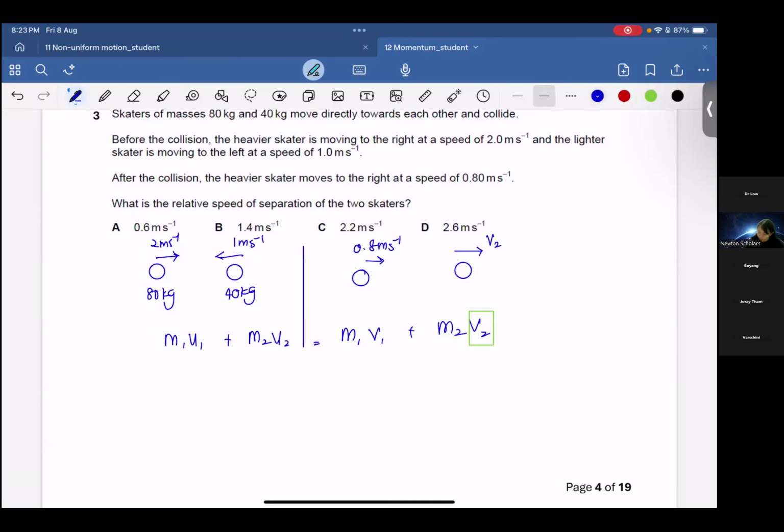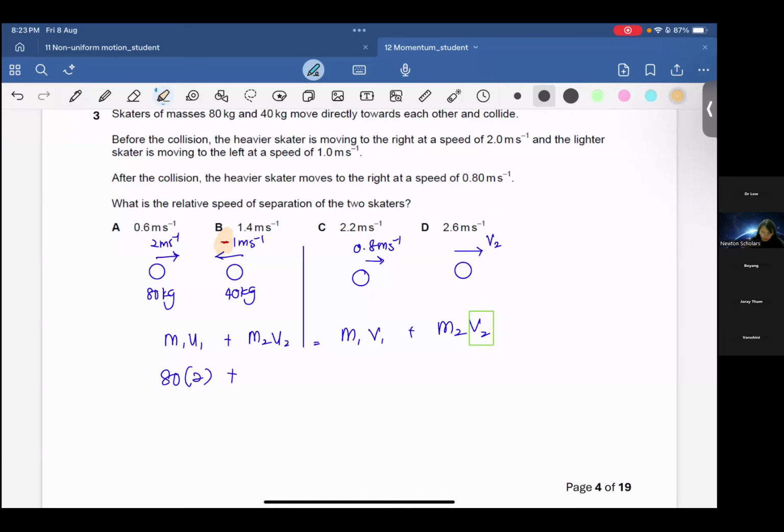Okay, so this one, 80 times 2 plus... oh, maybe I know why you're wrong. Did you put a negative? It's moving in the opposite direction. You forgot to put a negative.